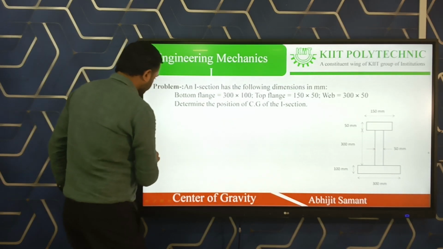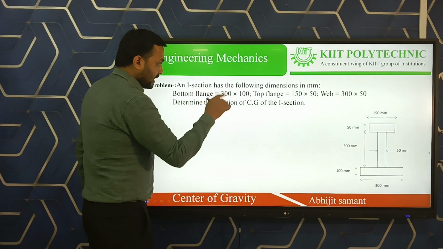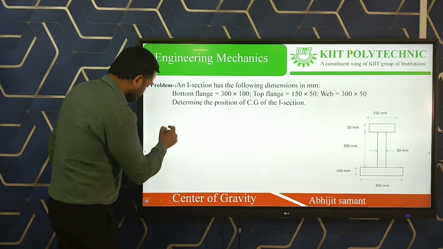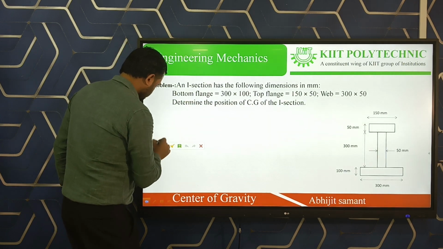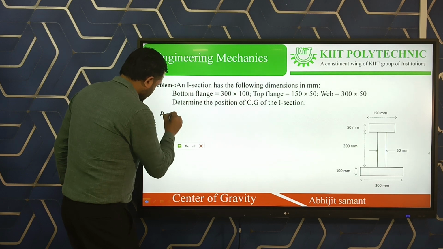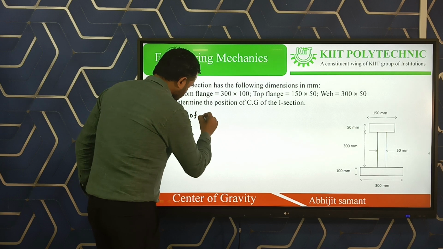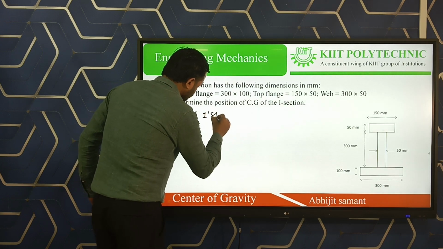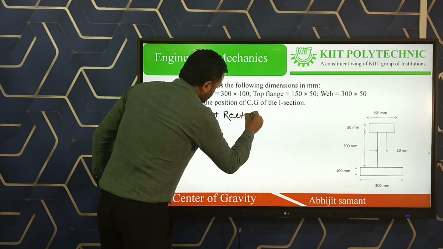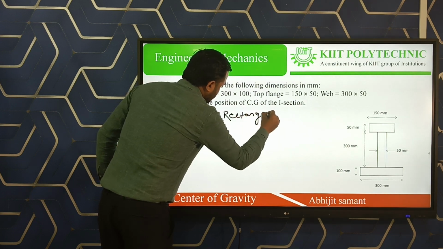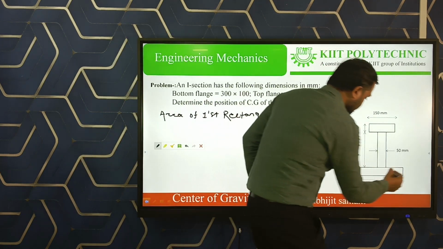First of all, we have to find out the area of the first rectangle. Again, I will mention the reference axis.